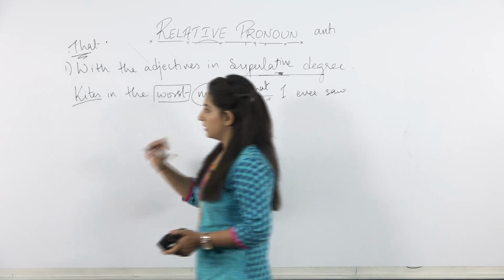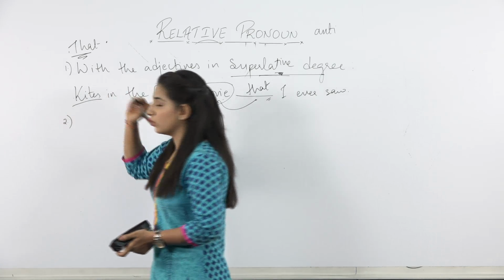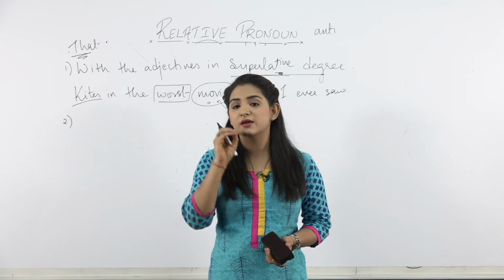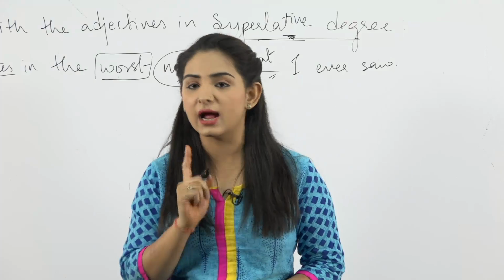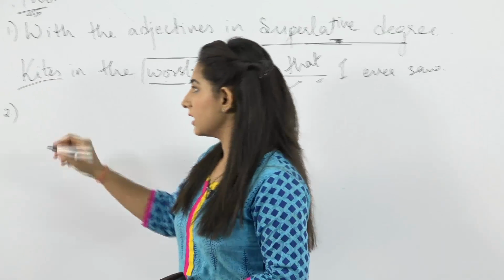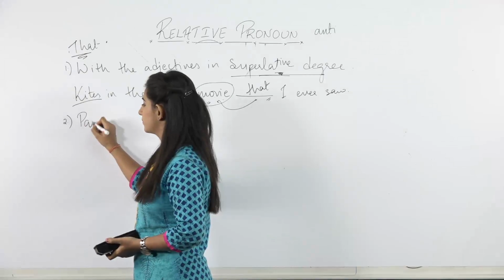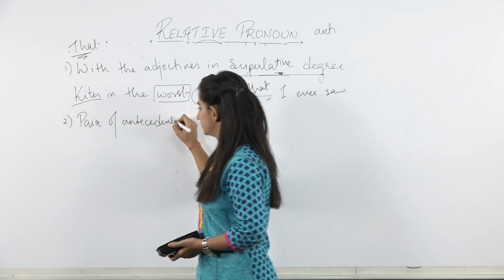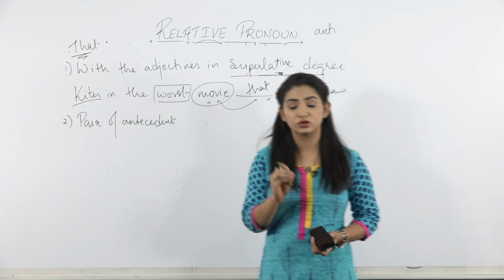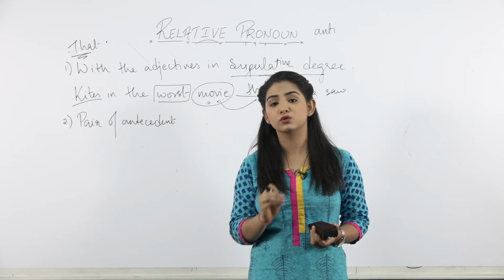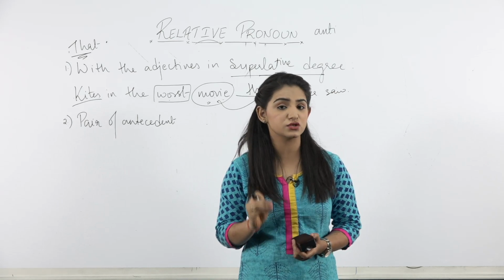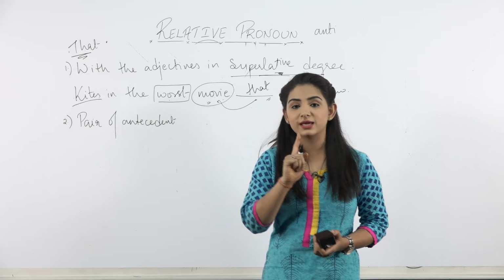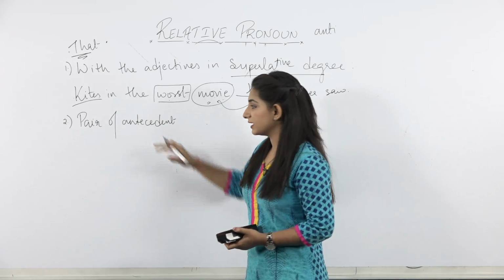Fine. Now let's move to the second rule of that. Now so far, whatever sentences we have used, we had only one antecedent in that. But there are conditions when we use a pair of antecedent. कुछ ऐसी conditions भी होती है जहाँ पे हम pair of antecedent का use करते हैं, लेकिन अभी तक जितने भी sentences या relative pronoun use किए हैं, सबके साथ सिर्फ एक ही antecedent था. अब pair of antecedent कहाँ आएगा?